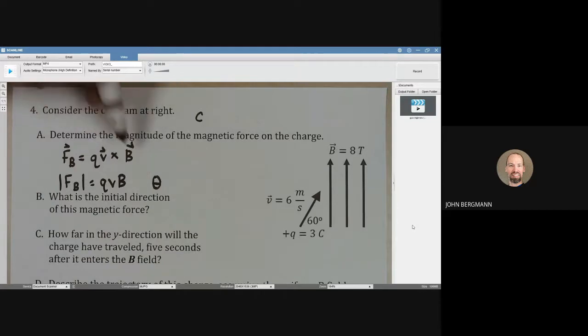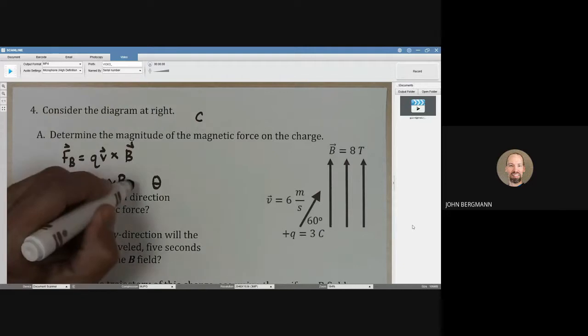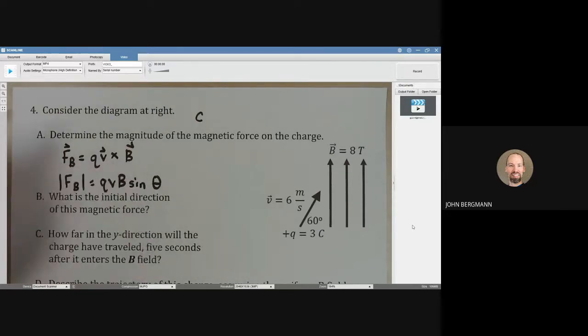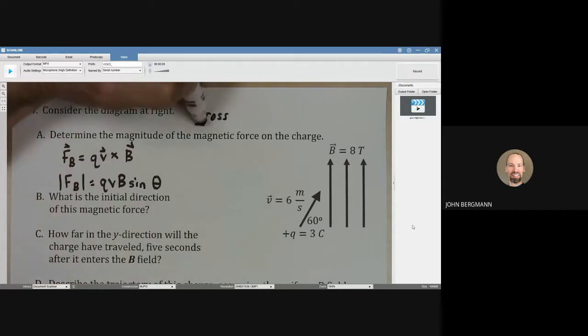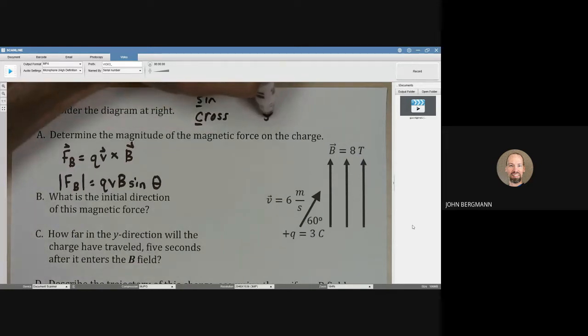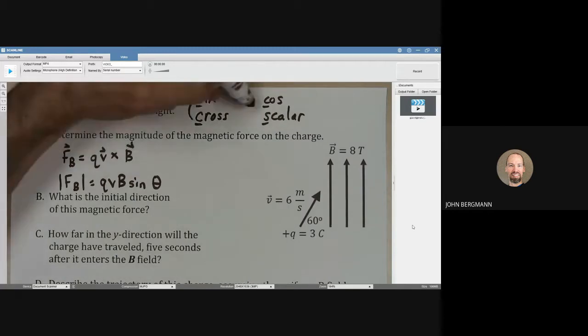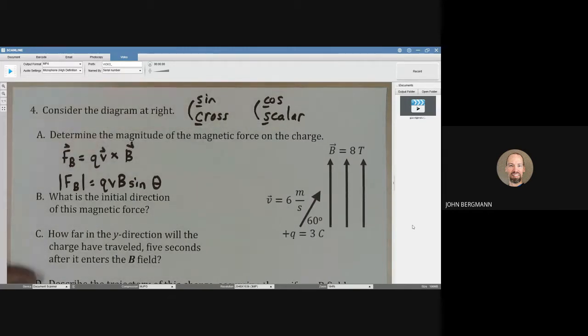And the trig function that goes with that is not the one that starts with a C. That means it's going to be sine. Cross product, we use the sine. The scalar product, or the dot product, involves the trig function that doesn't start with an S. That's the way Mr. Bergman remembers it, sine or cosine.